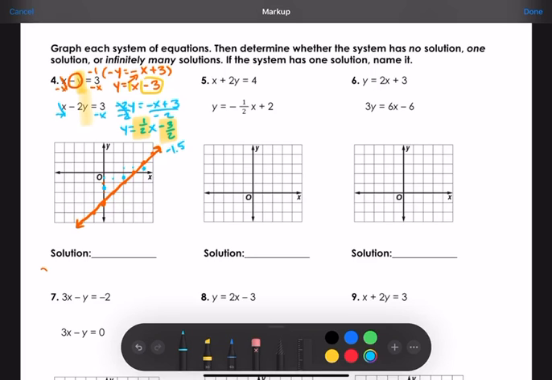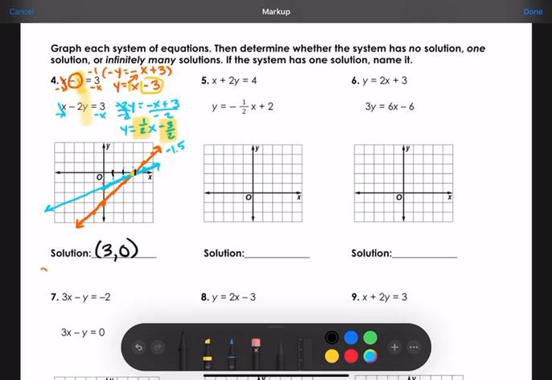Neither of these are points of intersection, but once I draw this blue line in, I can see that they intersect right here at the x-intercept. So the solution to this one is over 1, 2, 3, so 3, 0. It's positive 3, 0, because I'm going to the right.